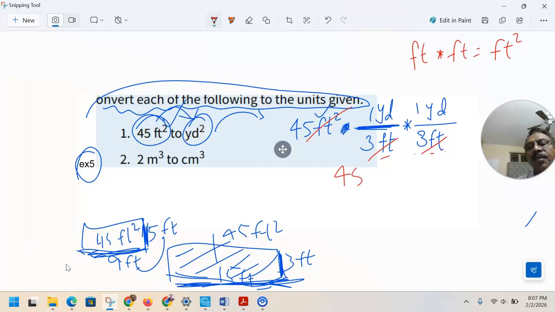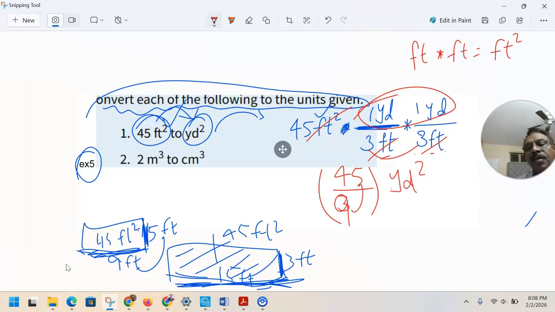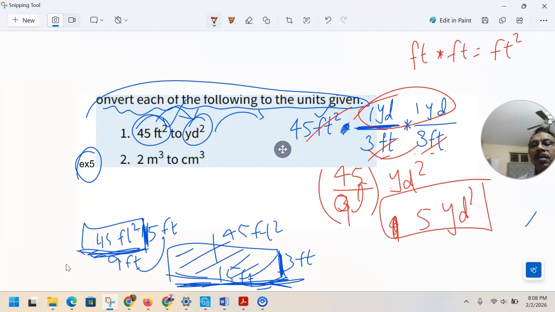So what I have left is 45 divided by 3 times 3, so this 9, and everything that you get is yard square. Of course, we don't need a calculator. You know it is 5 yard square, and that's done. So this is called dimensional analysis. This problem is easy. What if instead of 45, it was 53 feet square? Then we need a calculator.